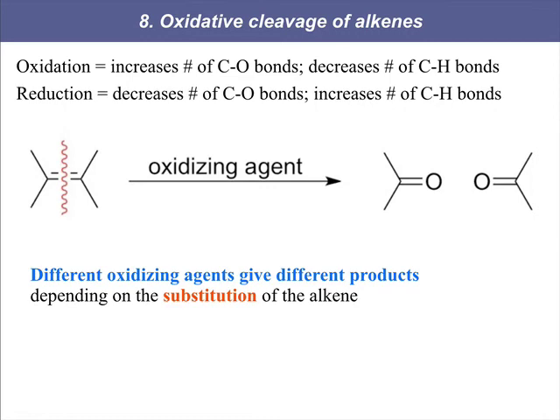So here's the general picture for oxidative cleavage. We're going to take our double bond, and with some oxidizing agents, we're just going to cleave the double bond right in half. It's like taking an axe and hacking a piece of wood right in two.